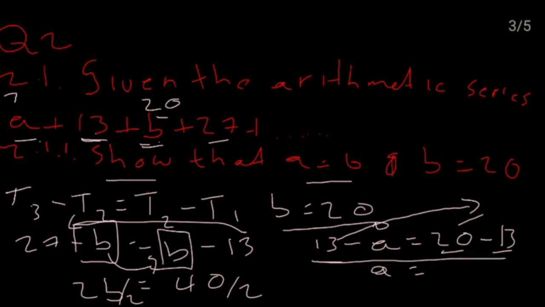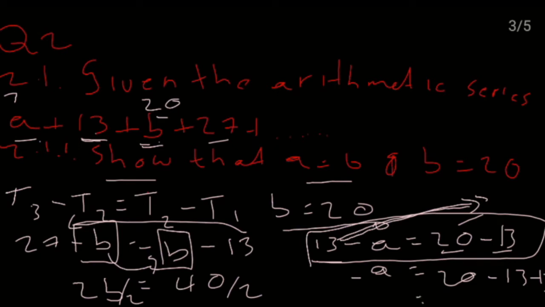So from here we take the 13, cross it over, and then we have minus A equals 20 minus 13 minus 13, which would be minus 13 minus 13 is minus 26, plus 20 should give you negative 6.